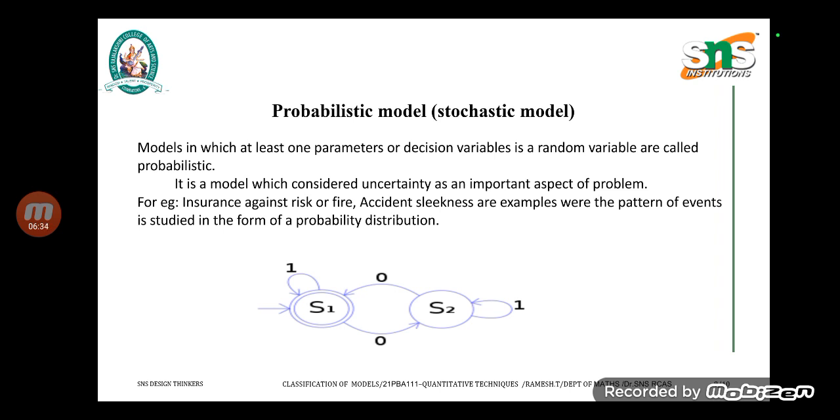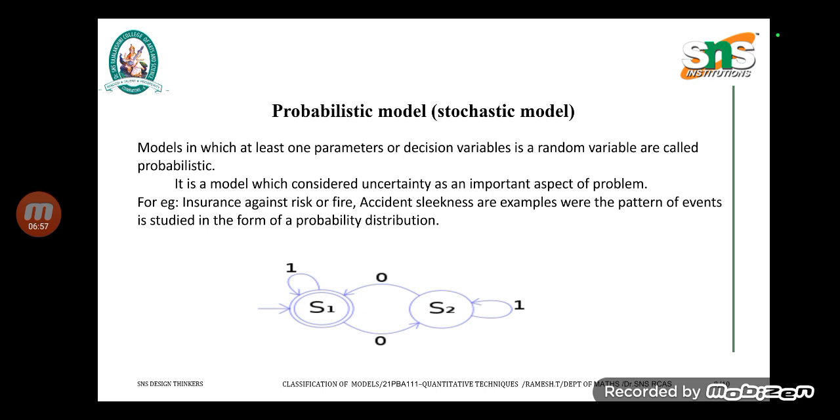The next one is the probabilistic model, or stochastic model. Models in which at least one parameter or decision variable is a random variable are called probabilistic models. What is probability? It is uncertainty or chance, but we don't know when the chance occurs.